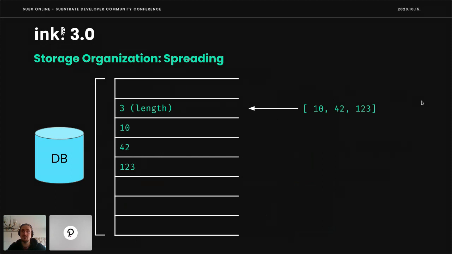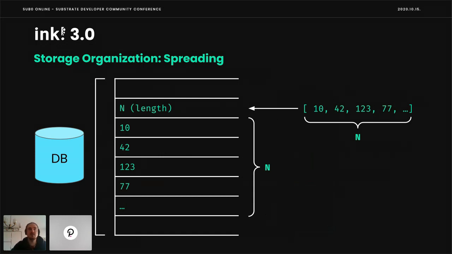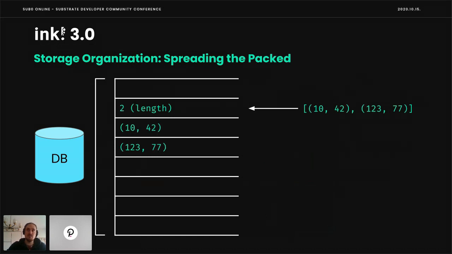This means that if we, for example, push another element, we would simply use another cell, etc. Obviously, this does not scale when we want to manipulate all cells at the same time, which is probably not a common operation for smart contracts, but it might happen in some use cases. So it also breaks. What we could do is go for a trade-off. Let's pack every 2 elements together, and so the vector is only half of the size.